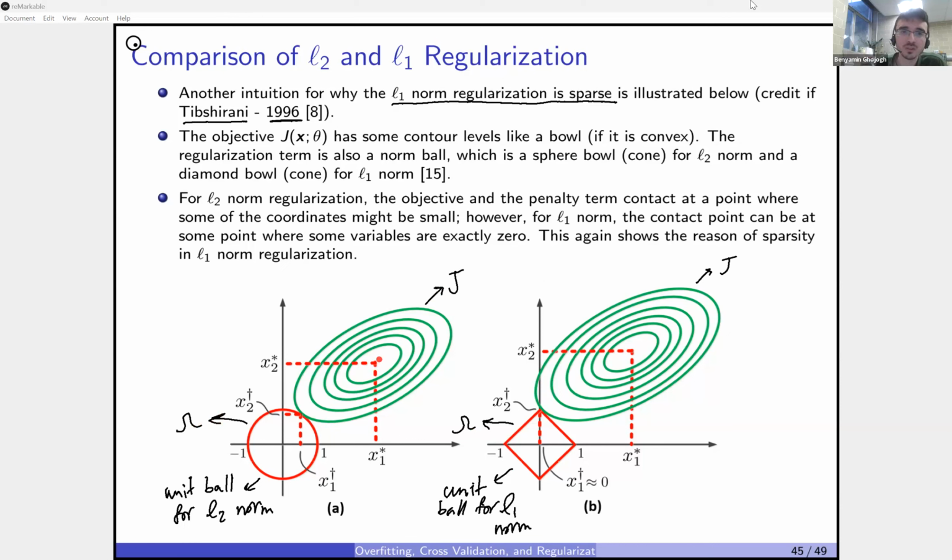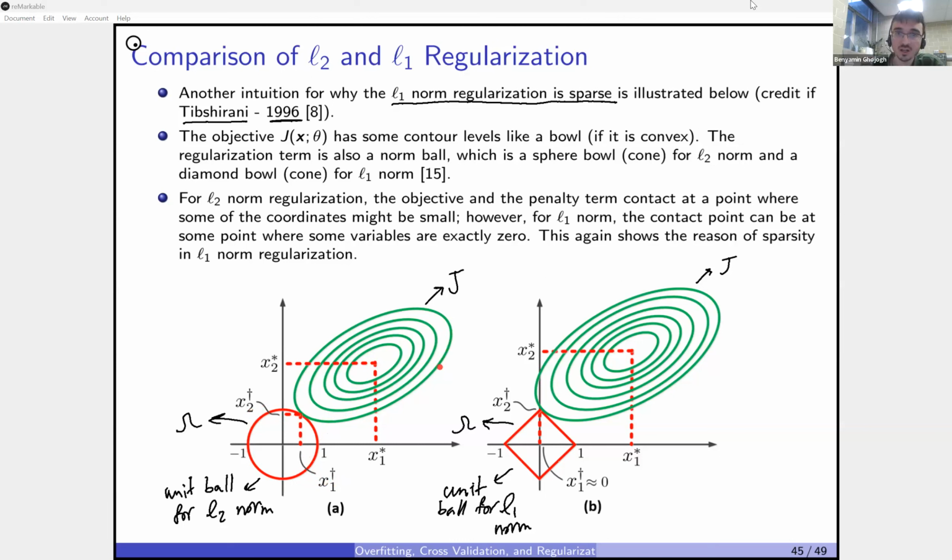This is X star, which minimizes J. But this doesn't minimize J tilde, because J tilde also cares about this penalty. So where the penalty and this cost J touch each other, that's the solution for J tilde, which is X dagger. Okay, so this is a 2D case, for example.